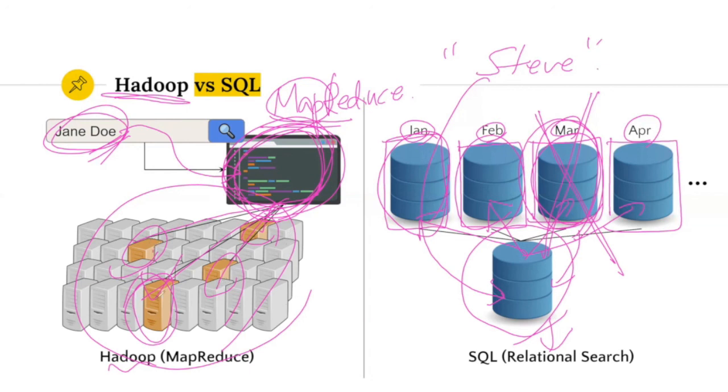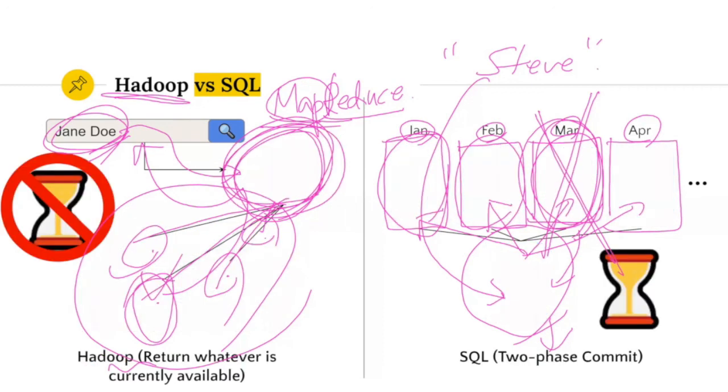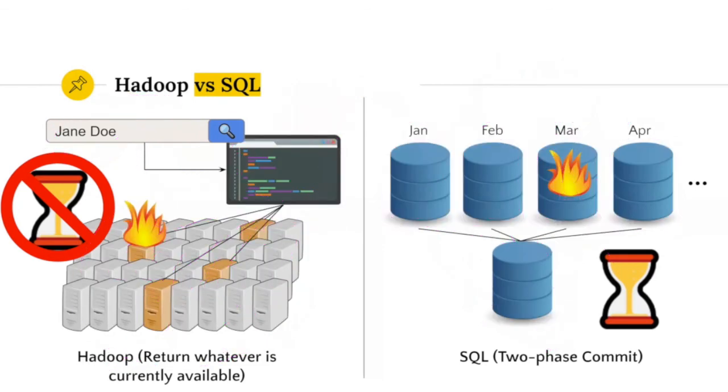And then after each of the nodes does its own small chunk of task, the reducer is going to combine that result and then return it to the user. Now, during this process, the interesting thing about Hadoop is that it doesn't like to wait. Instead, the moment it receives the data, it spits it out to the user.